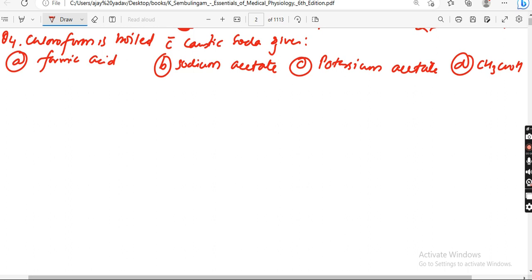So for this you need to remember it gives formic acid.